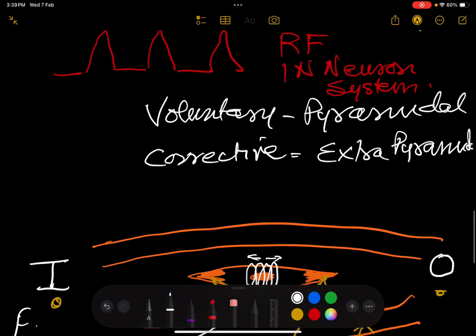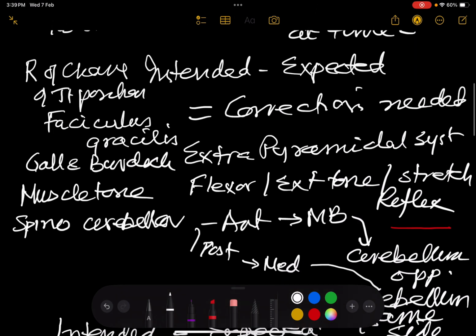I hope you have understood the stretch reflex, and you tested that if you stretch the muscle, it will regain its original length. So I hope this is useful.